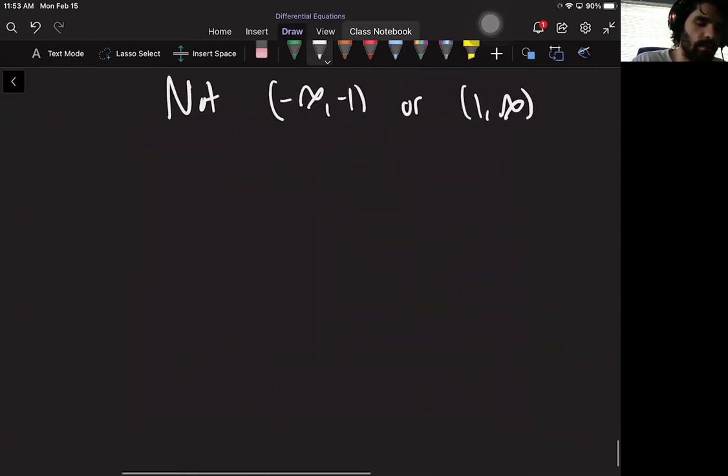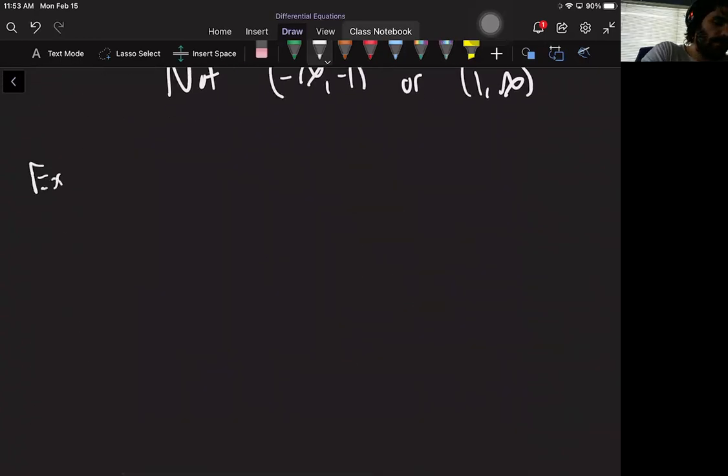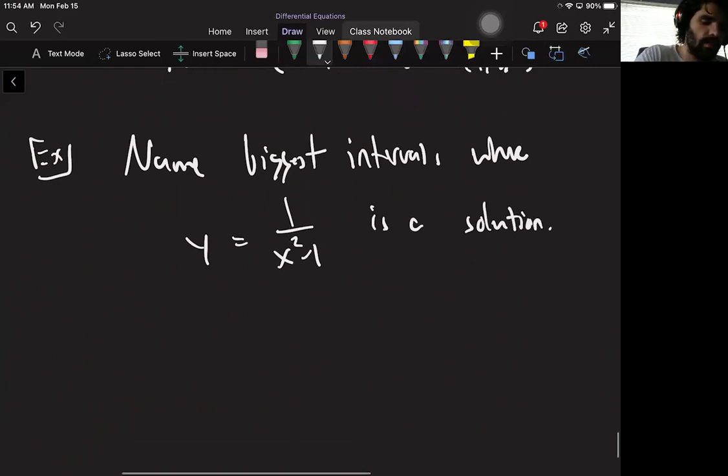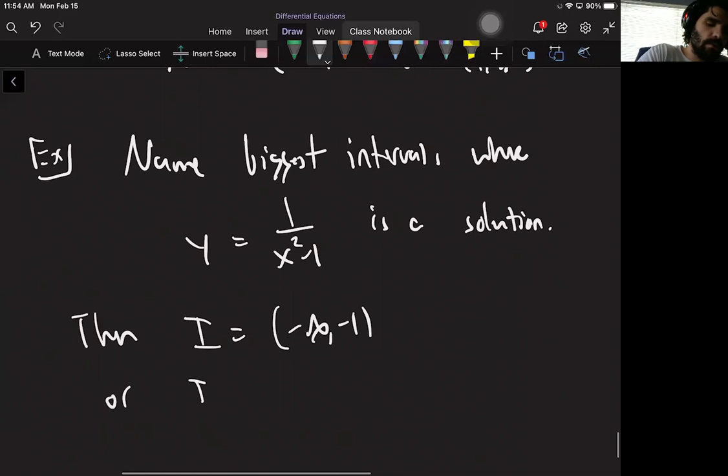So if I just said, name the biggest intervals where y equals 1 over x squared minus 1 is a solution, but I didn't say solve that initial value problem, then I could be negative infinity to -1, or -1 to 1, or 1 to infinity.